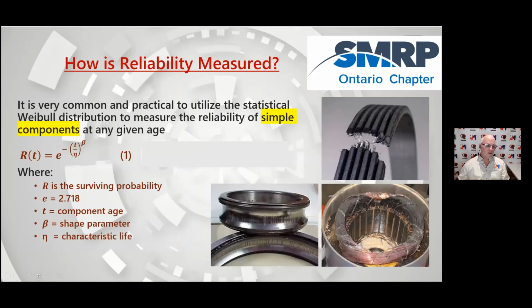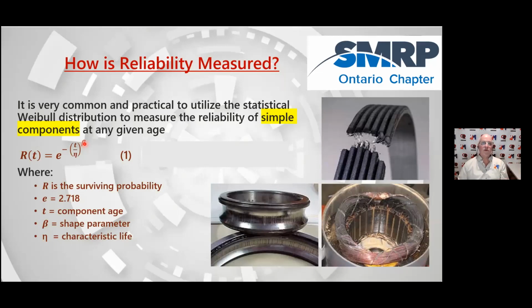By doing so, you will not only understand how reliability gets lost with time, but also how the component fails, by understanding the physics of the failure through some parameters that we determine when we do the analysis, like the beta, for example. The shape parameter would tell us whether you are having a wear out type of failure or a premature failure.